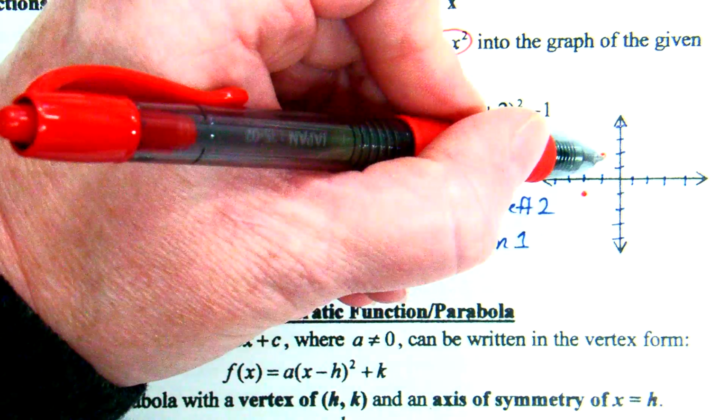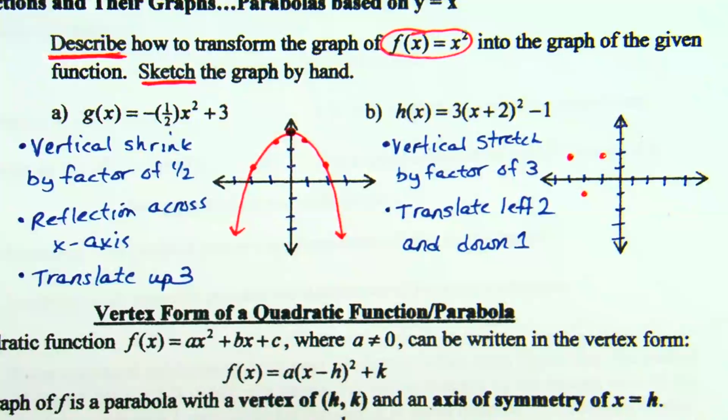And then normally we'd go over 2, up 4, which going over 2 is going to take me to the y-axis. But instead of up 4, because we stretched by 3, we're going to go up 12, which really means I need to be able to get to where?